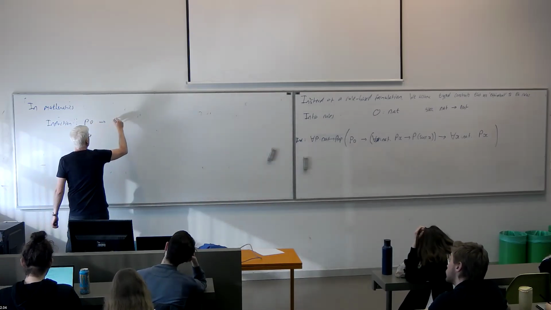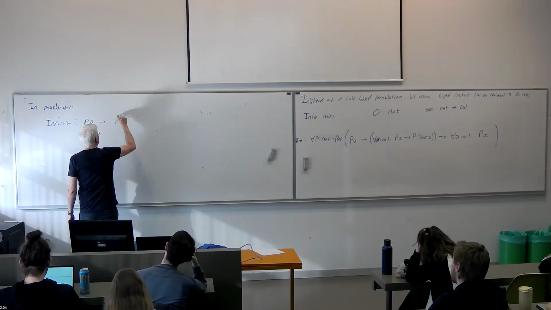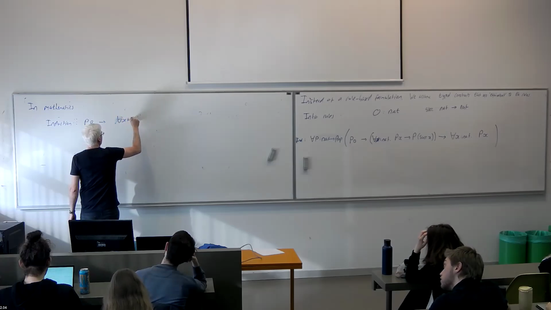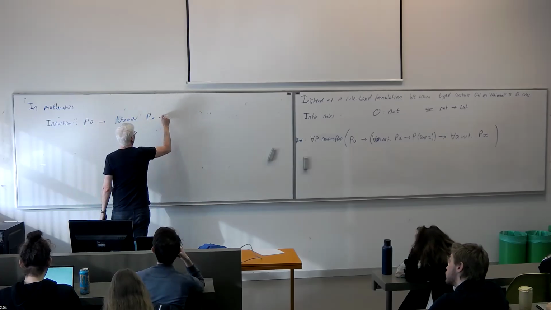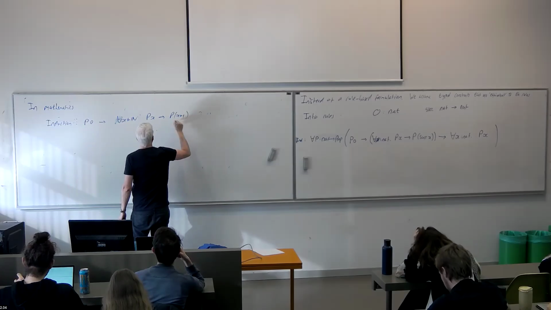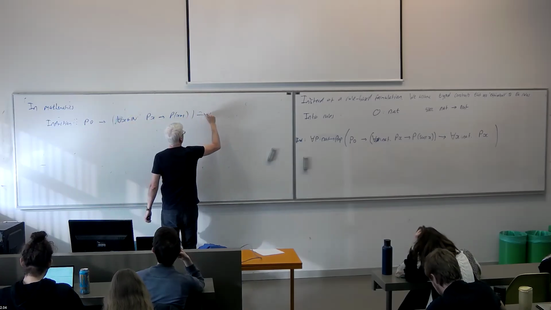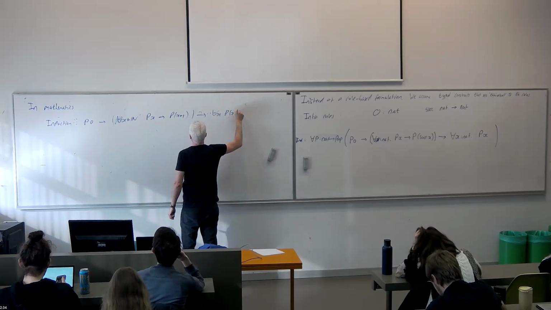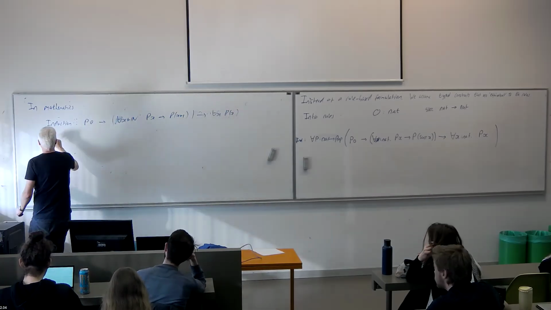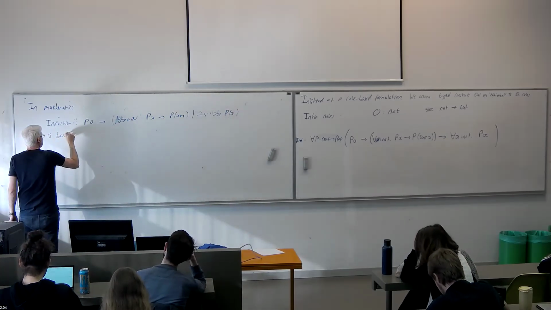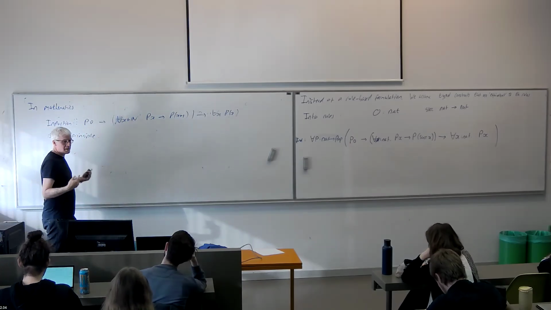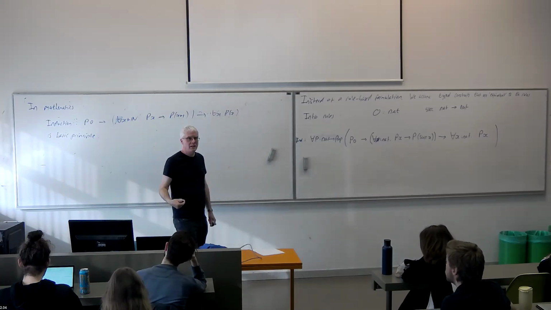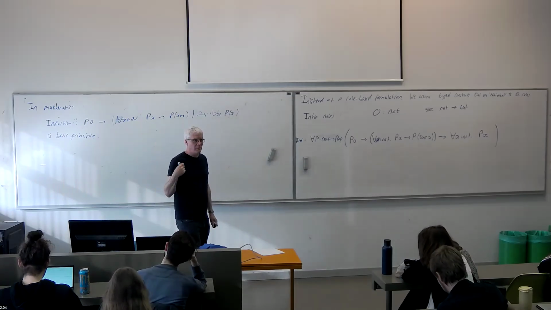P of 0, and for all x in the natural numbers, P of x implies P of x plus 1, implies for all x, P of x. That is a basic principle. And in the set theoretic universe of maths, we use this to derive something called the recursion theorem.